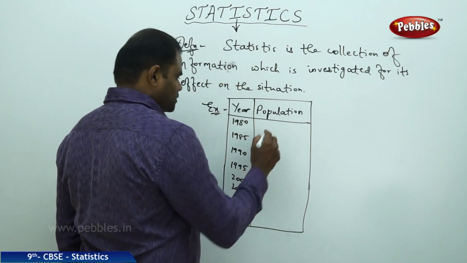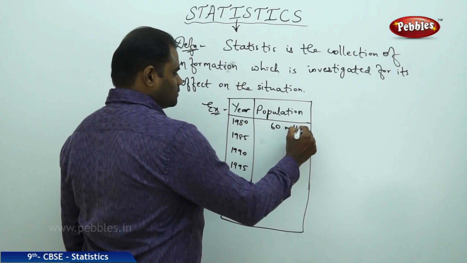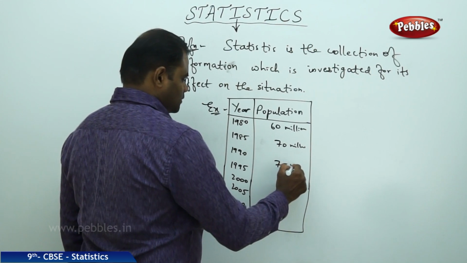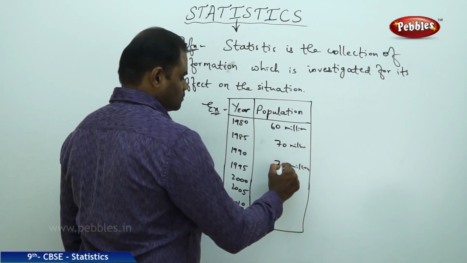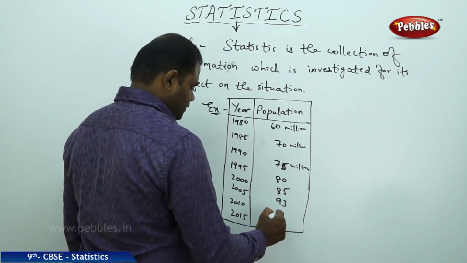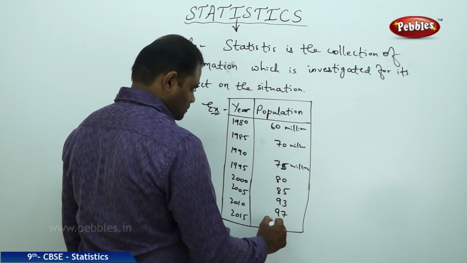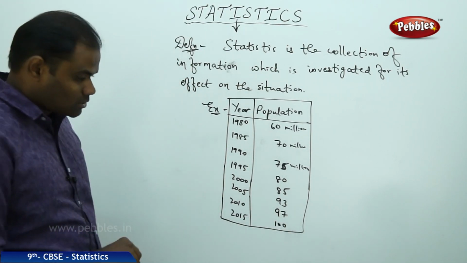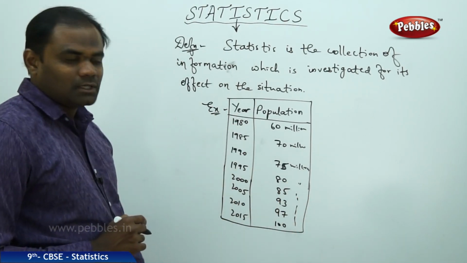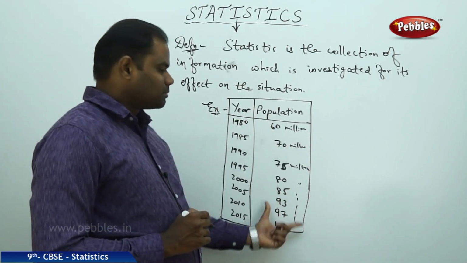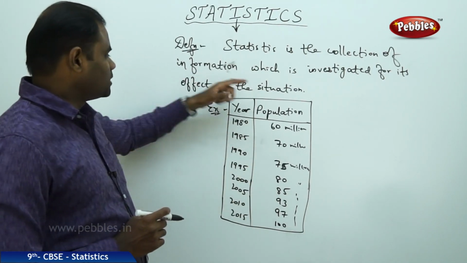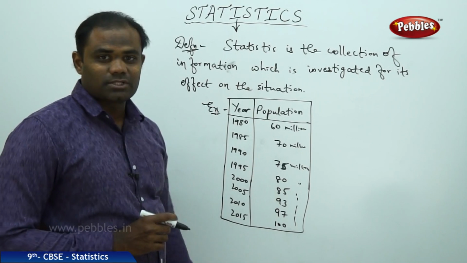And let me say the population here is 60 million, 70 million, 75 million, 80, 85, 93, 97, 100. So this is all about the population of the country every 5 years. So the year which is calculated with population every 5 years gives me the collection of information which is being investigated.